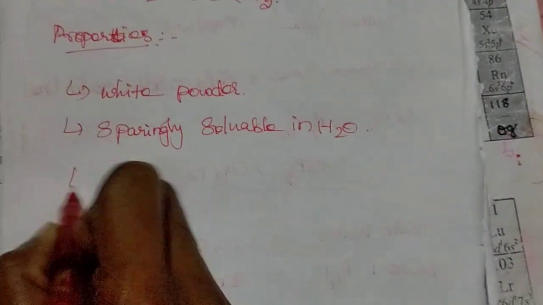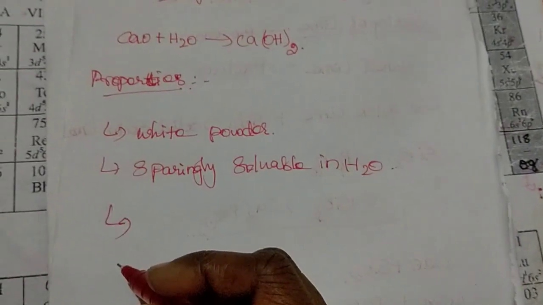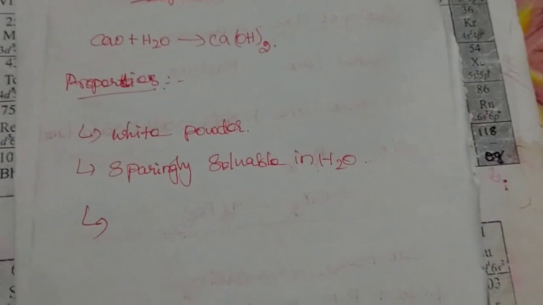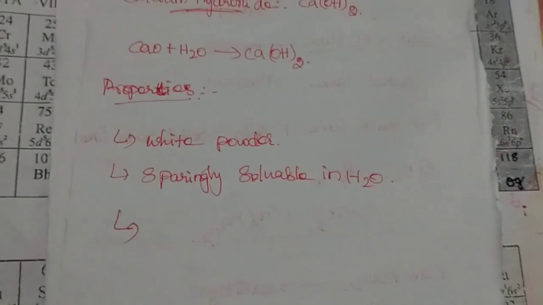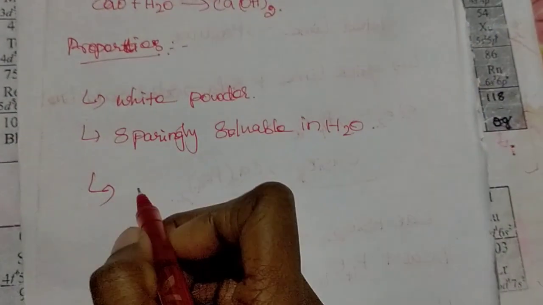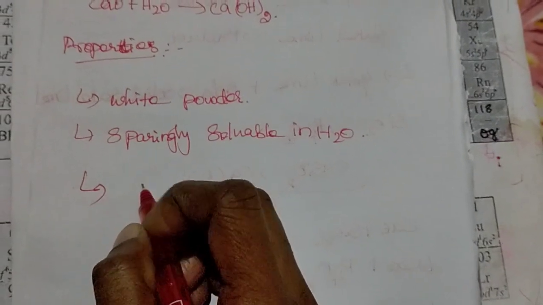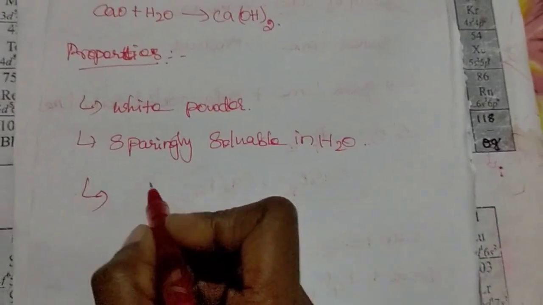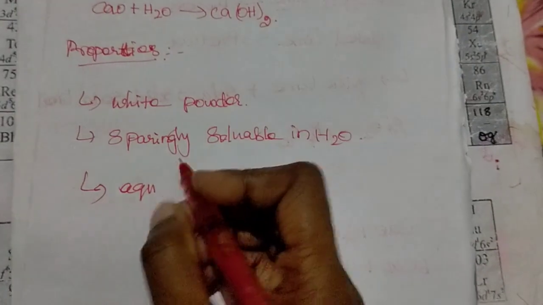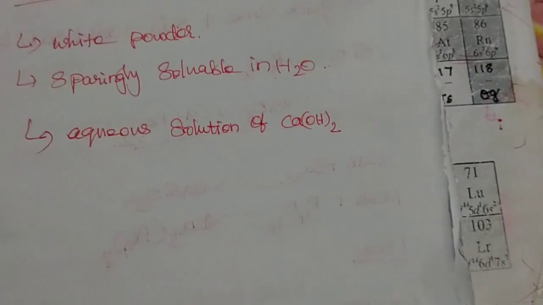The aqueous solution, that is, mixing this calcium hydroxide with water, is known as lime water. So what is lime water? Aqueous solution of calcium hydroxide.